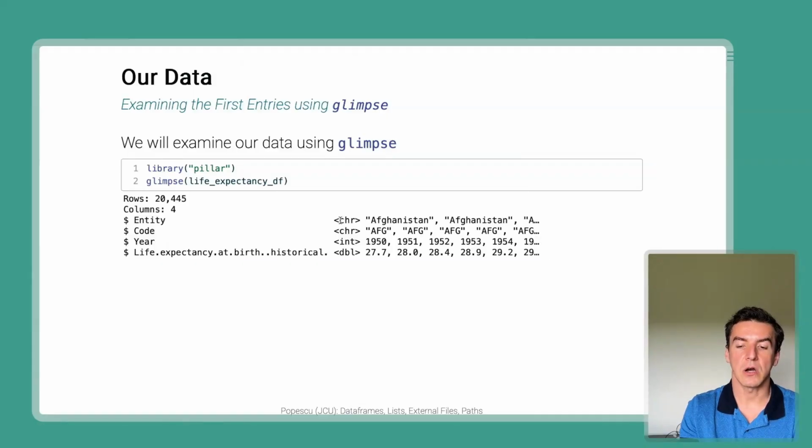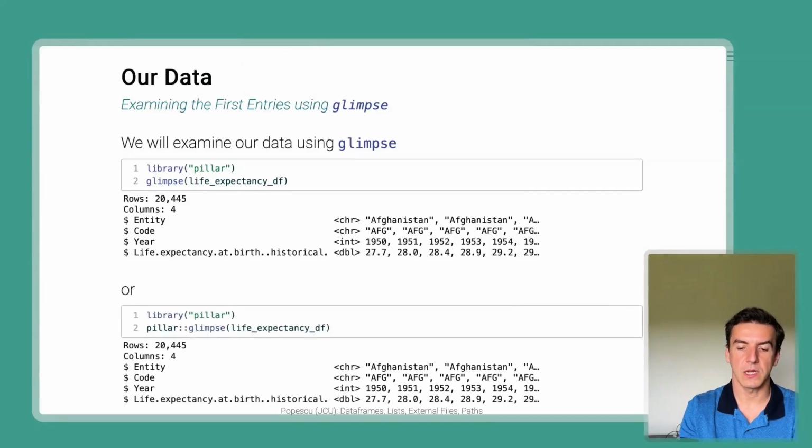Entity and code are clearly character variables, meaning string variables, whereas year and life expectancy are numeric variables. These reflect the years, and these are actual life expectancies.